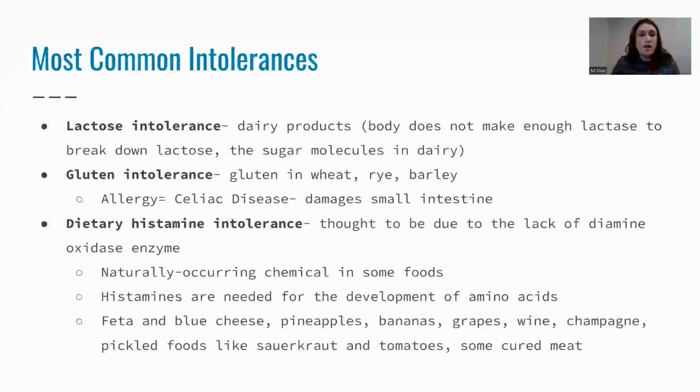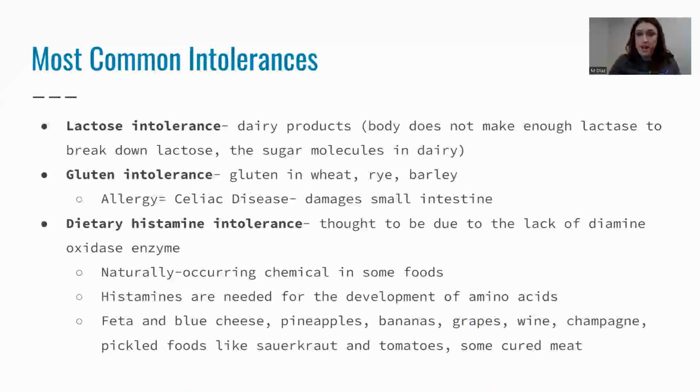Gluten intolerance is an intolerance to gluten, which is the part of the carbohydrates in wheat, barley, and rye foods. The difference between this and a gluten allergy, also known as celiac disease, is that the allergy actually damages the small intestine.